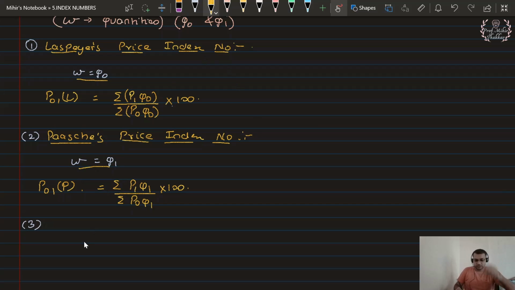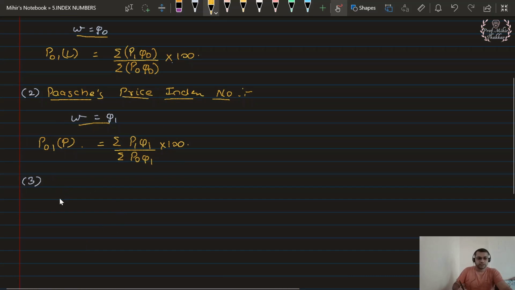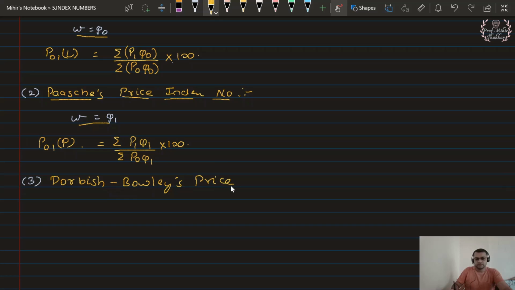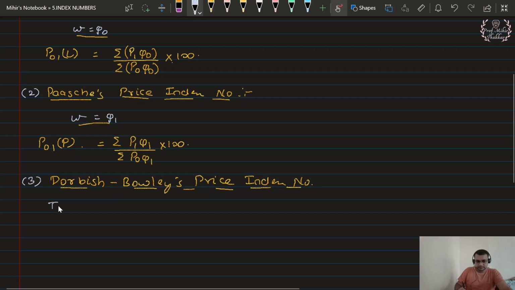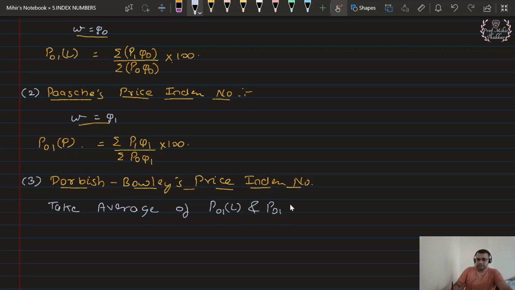So the third type that comes over here is Dorbish-Bowley's price index number. What they did is they took average of Laspeyres' index number and the Paasche's index number.